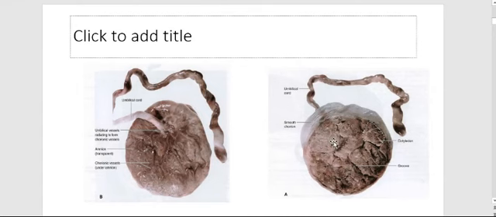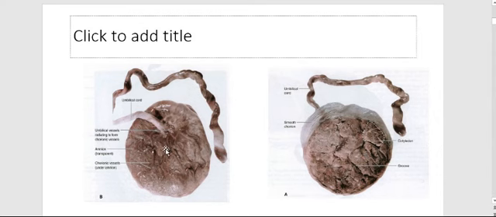There are about 15 to 20 lobules, and these are called maternal cotyledons. The maternal surface is lobulated, with small lobules, 15 to 20 in number, called maternal cotyledons.